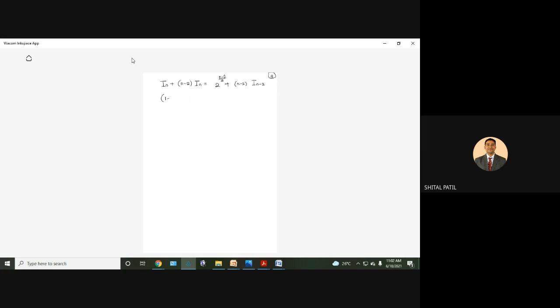So 1 plus n minus 2 In, no change. So it is n minus 1 In, and therefore In equal to 2 raised to n minus 2 divided by 2 divided by n minus 1, plus n minus 2 divided by n minus 1 In minus 2.